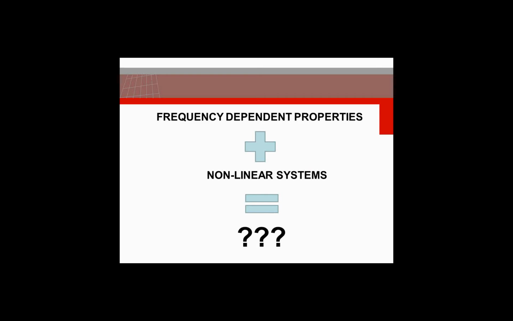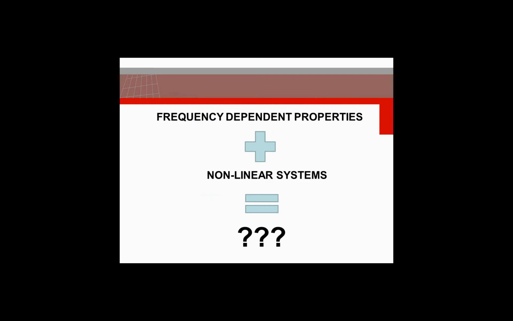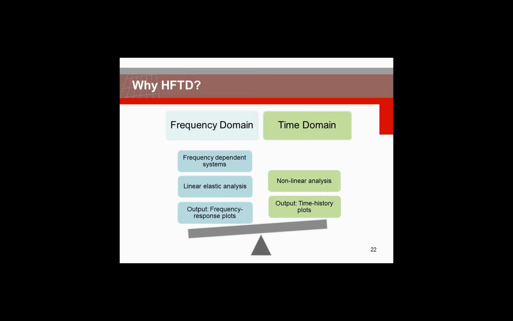How can we deal with these two types of characteristics of a system? We know that the frequency-dependent solution that we have just shown is only valid for linear systems. If we want to do nonlinear systems at the same time, we have the hybrid frequency time domain method, which allows this, and this is the importance and convenience of learning how to use this method.